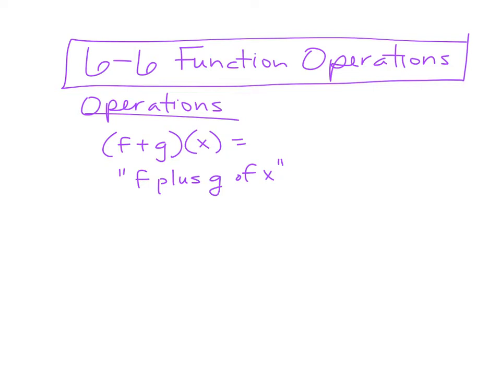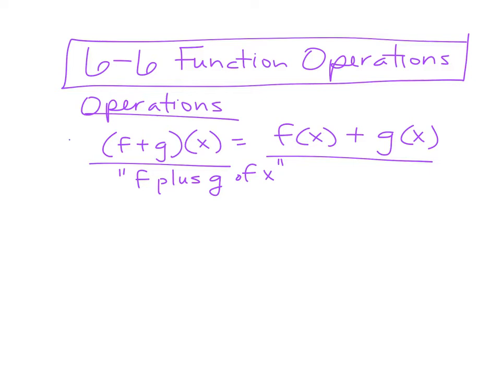This is f plus g of x, okay? The way you do addition is you take f of x and you add to it g of x, okay? So if you see this is actually what you're going to do. And it'll make more sense as I give you numbers, but that's your first operation, okay? So that's addition. We'll just do that.